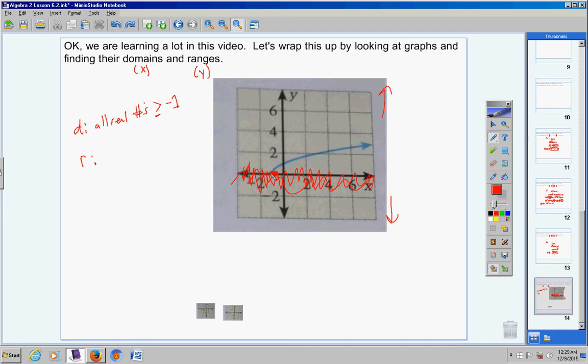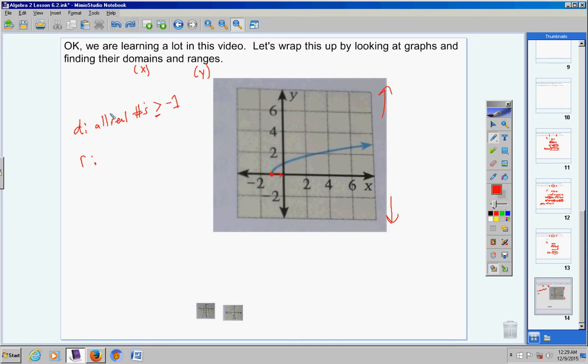Where it stops at right here, where is that equal with on the y-axis? Let me get rid of this so you can see it a little bit. Where this stops at right here, where is that equal to on the y-axis? 0 right there, right? So that means you're going to stay above 0 on the y-axis. Now you can see why I want you to cross off the x-axis, because some students would not know whether to take numbers from the x-axis or take numbers from the y-axis.